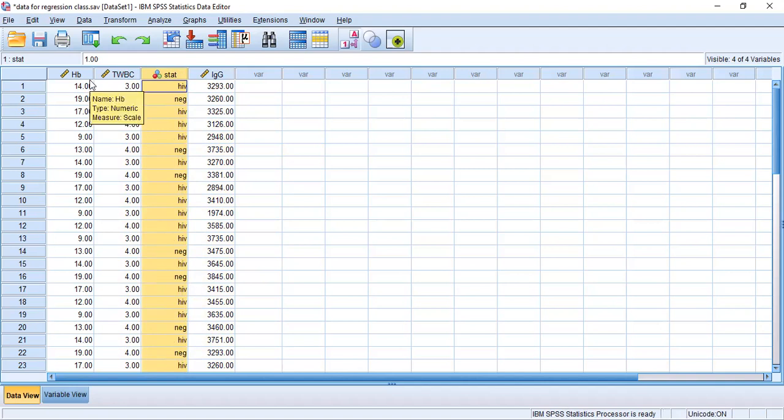So assuming we hypothesize that HB, TWBC, and IgG are predictors of having HIV. These are hypothetical data, so they may not, of course, be true in a real life scenario. So we want to see if HB levels can predict having HIV, same with TWBC and IgG.